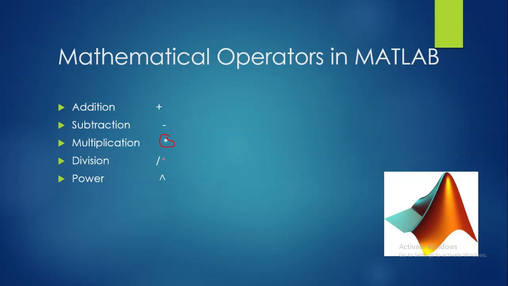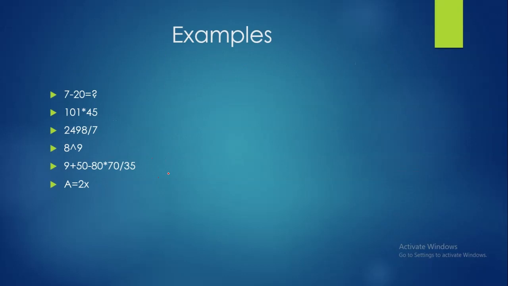When we want to perform division, we use slash, and for power, we use the caret sign. So now that we know the mathematical operators used in Matlab, let's try some examples and perform them in Matlab.